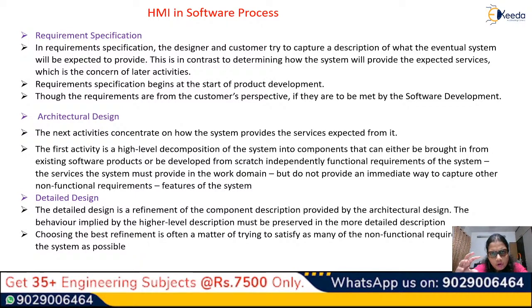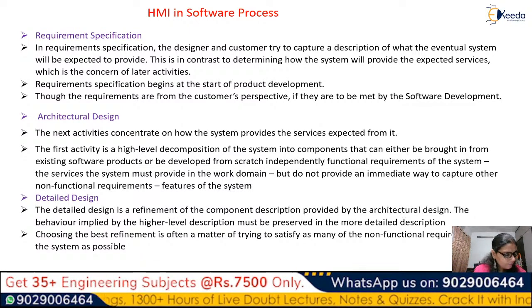Now if these components have already been created in some project, I can pick up those components and reuse them. So this is the concept of reuse. Or I have to prepare from scratch, doing it again from the functional requirement of the system. But this does not provide an immediate way to capture other non-functional requirements, that means features of the system.